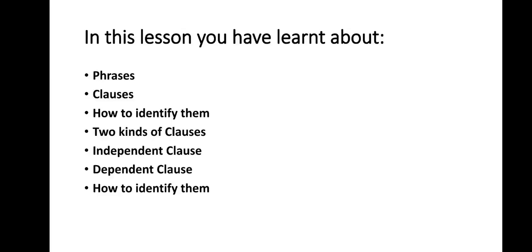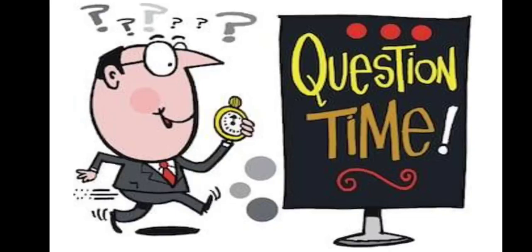The two kinds of clauses, they are independent clause and dependent clause, and how to identify them. Okay, children? So we have some questions to discuss. Let's see what are the questions. You can take your notebook and everything. Get ready for the questions.